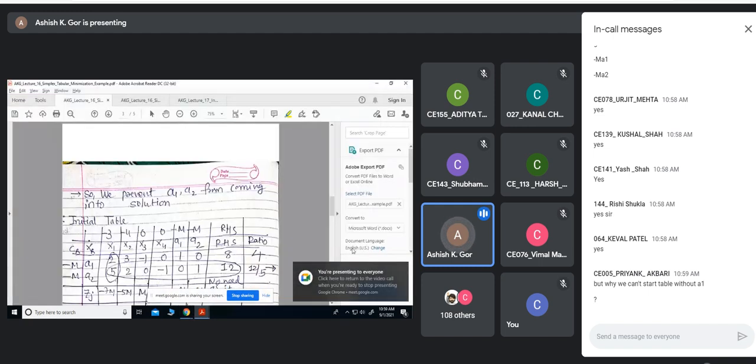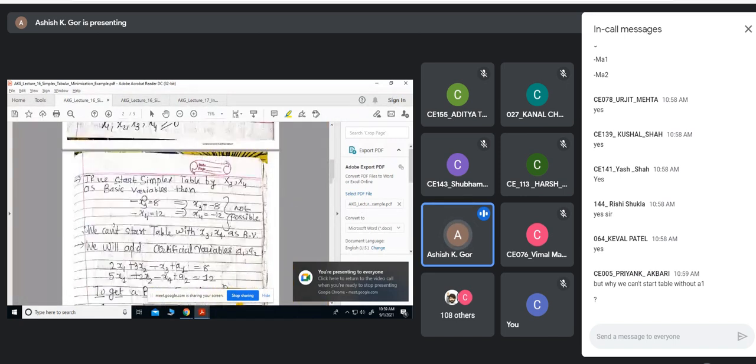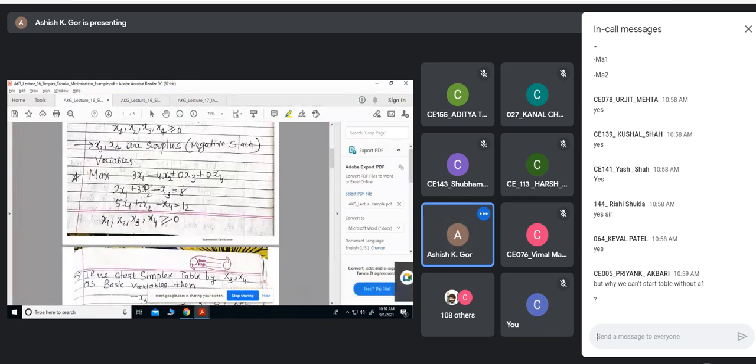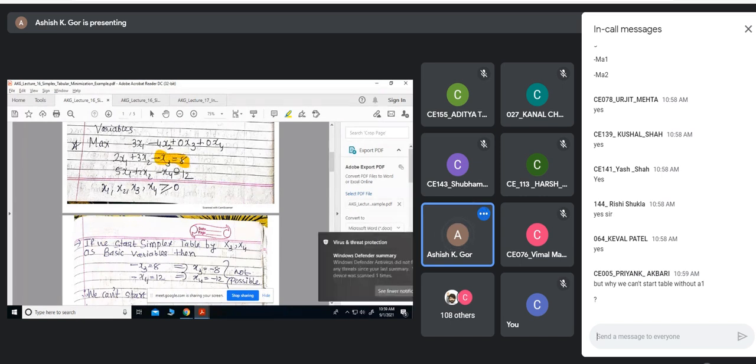We cannot start the table without A1, because if you make x3 and x4 basic, you can see here minus x3 is equal to 8, x1 and x2 will be non-basic, so these will be 0.